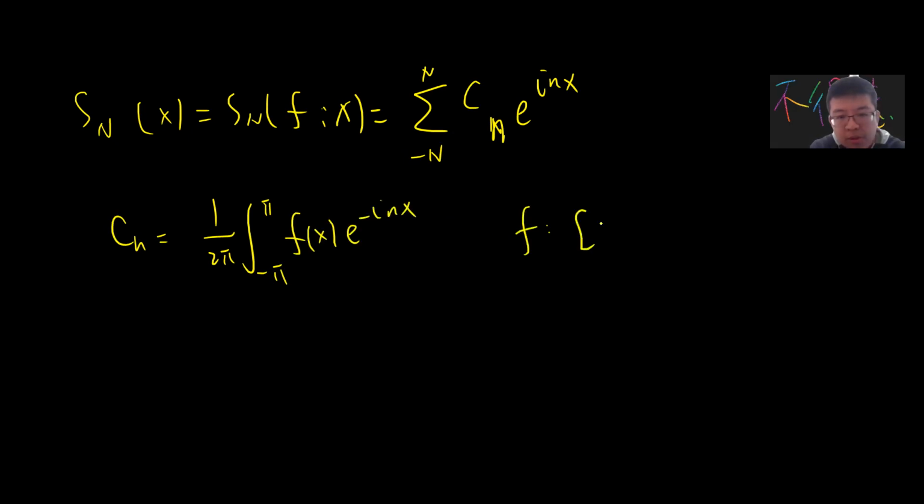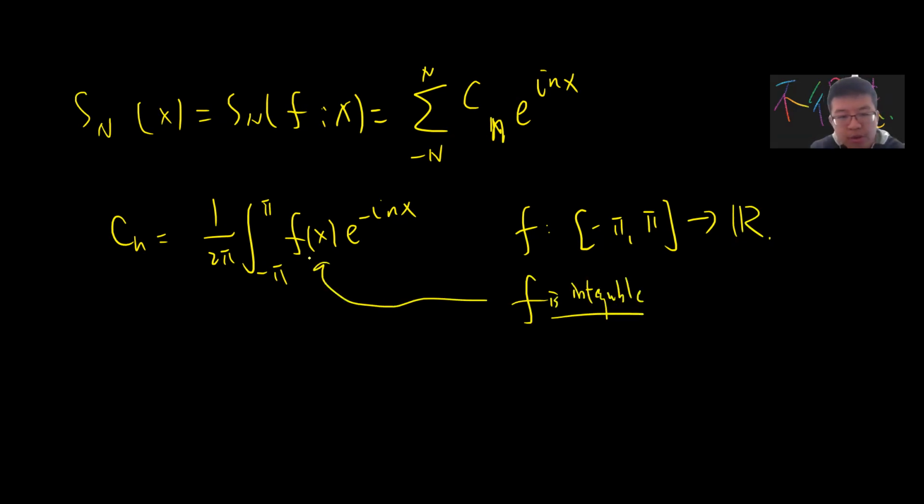Remember, f is a function defined on minus pi to pi, to the real numbers, and f is integrable. Why is f integrable? Because if f is integrable, then c_n is well defined, and then you can define it.